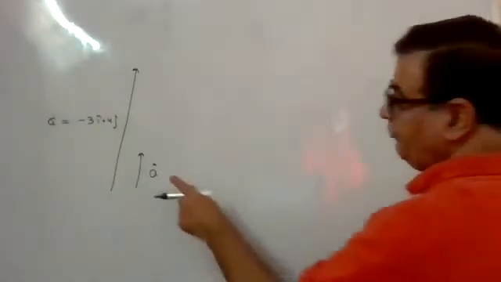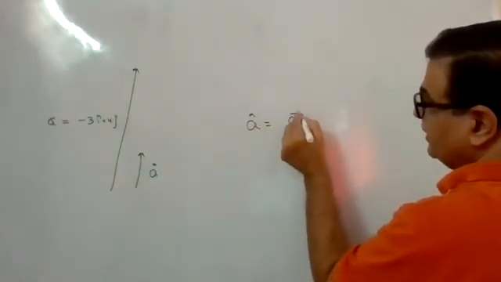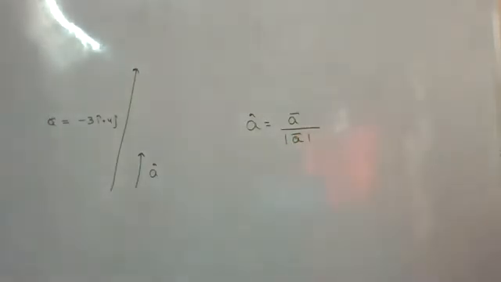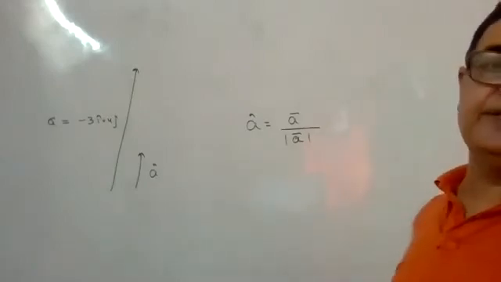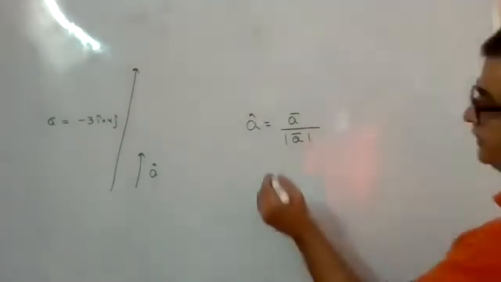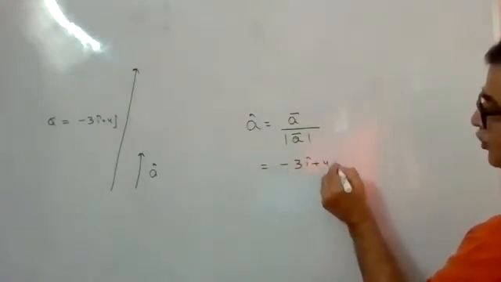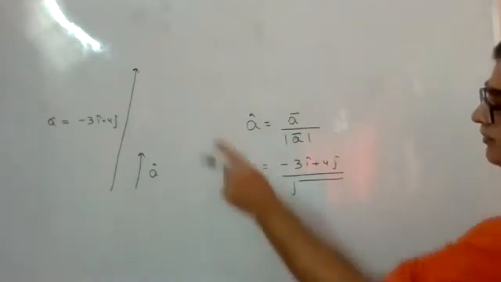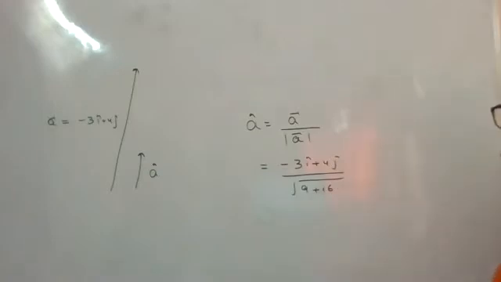A cap means the vector divided by its magnitude. You should remember this: unit vector is vector divided by its magnitude. And what is the A vector we have? It will be minus 3i plus 4j by the square root of the magnitude, which will be 9 plus 16.